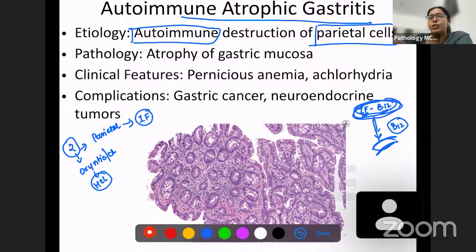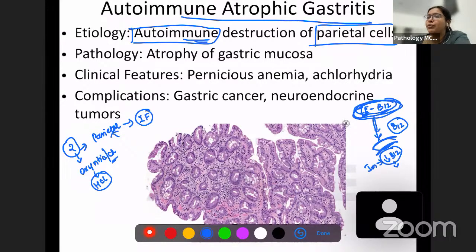Okay, so this is what is happening. Now, parietal cells are getting destroyed by these autoantibodies. When these parietal cells are destroyed, what will happen? Intrinsic factor is not there because parietal cells are not there, and B12 binding is not happening. There is impaired B12 absorption, so there is decreased B12 in the serum leading to B12 deficiency.